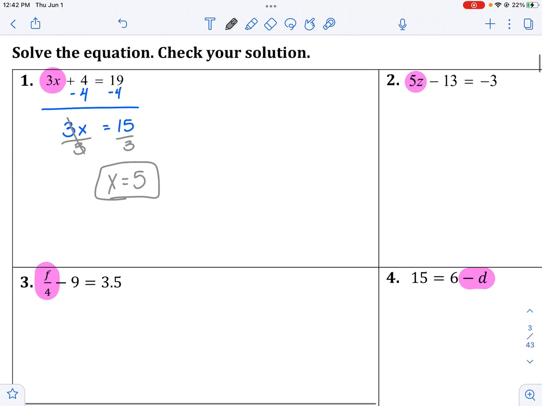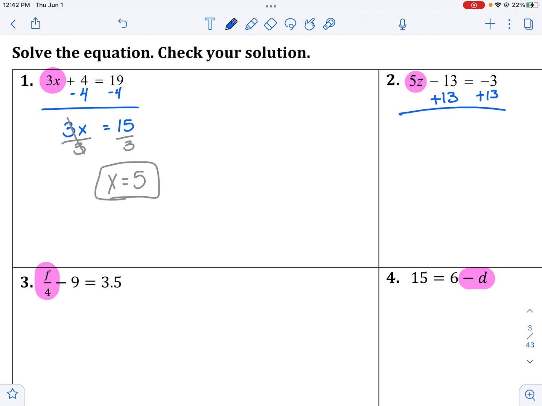So if I look at problem 2, same idea. I see 5z minus 13. So I need to undo anything over here with the 5z. I need to get rid of a minus 13, so I need to do the opposite or inverse operation. I need to add 13.